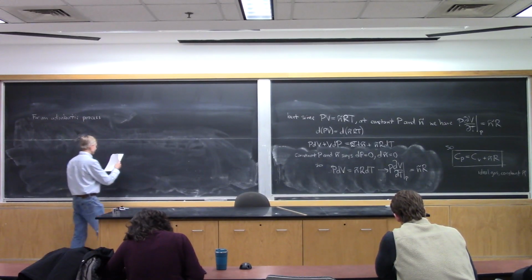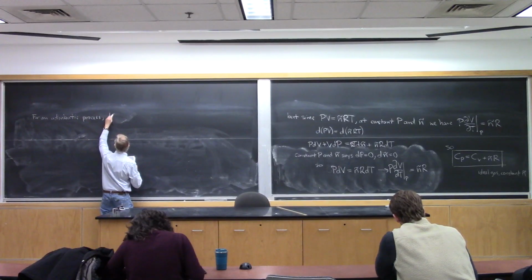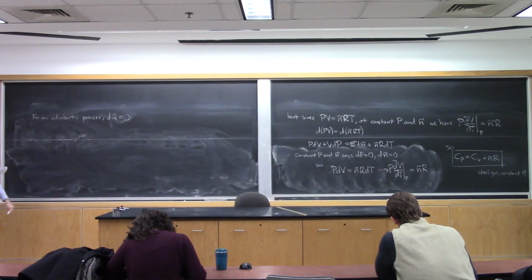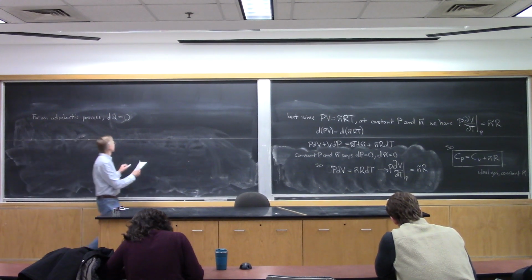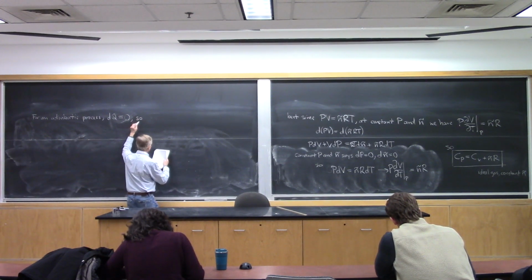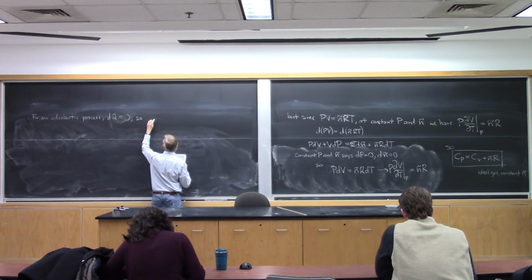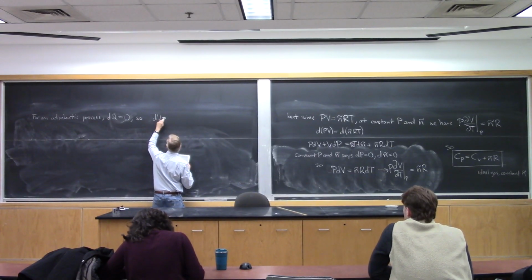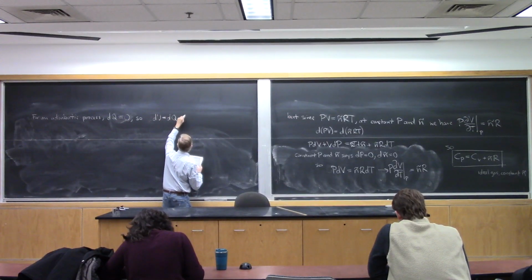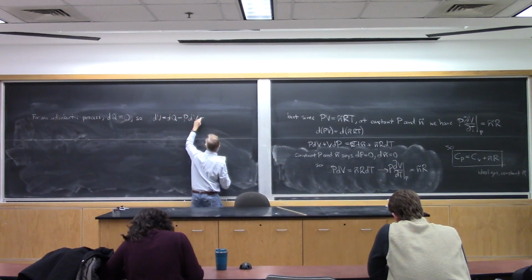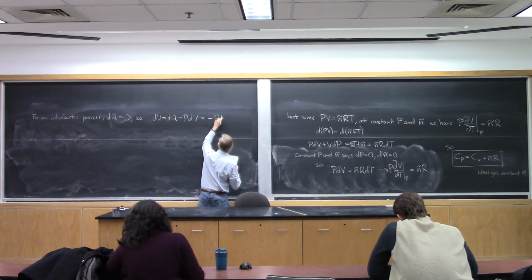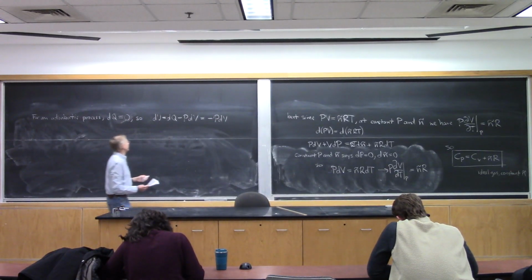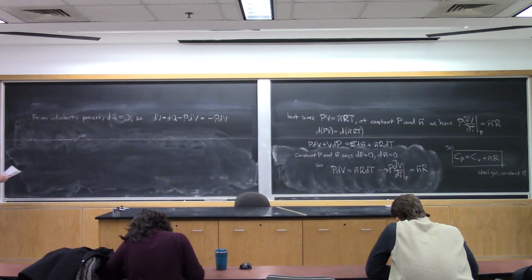For an adiabatic process, dq is equal to 0. That's the statement of adiabaticity, if you will, that there's no heat flow in or out. So that says that du, which generically is dq minus pdv, in this case is just minus pdv.